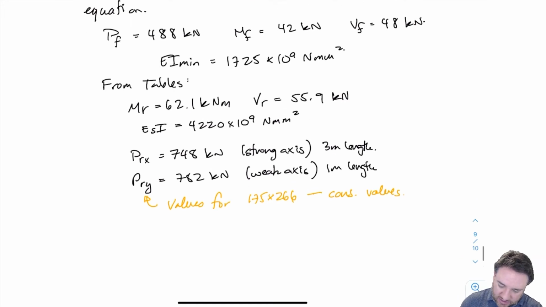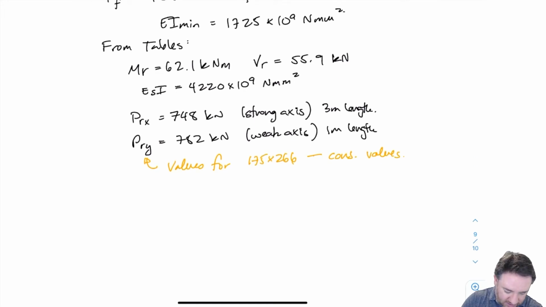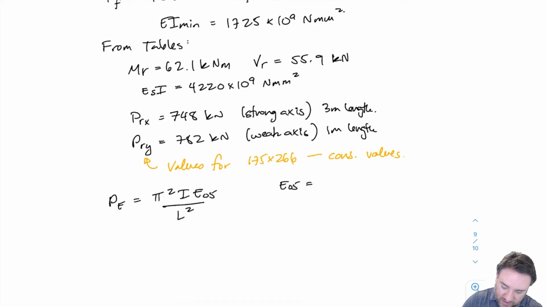Okay, so the first thing that I need though is I'm going to need PE, which is my Euler buckling load. Which is like this. And what's my E05? My E05 for glulam is E times 0.87, and that's something that you get from the table 7.3 or table 7.2 if you're in the 19 edition.